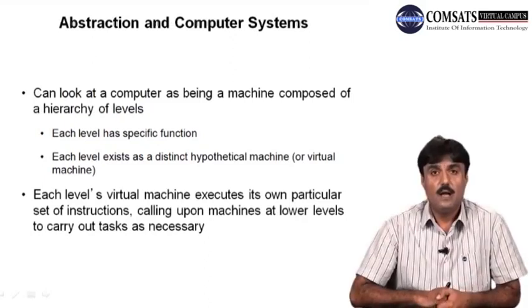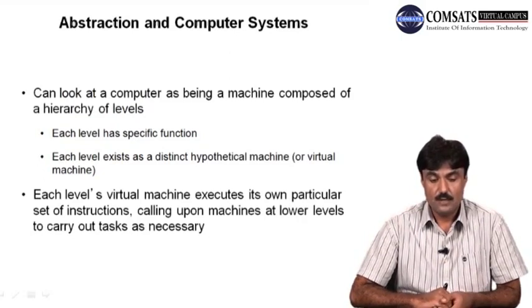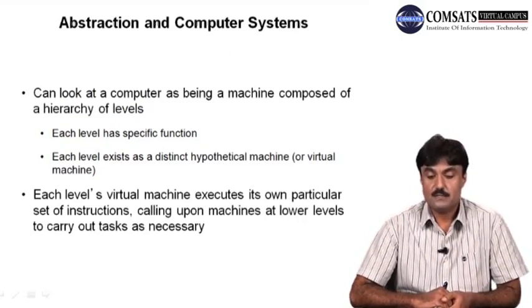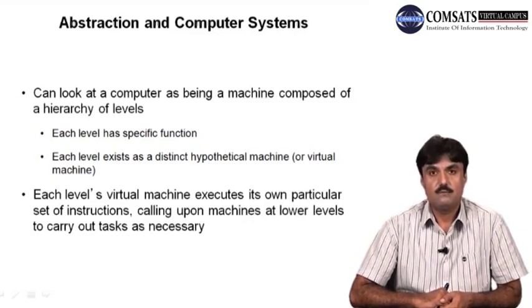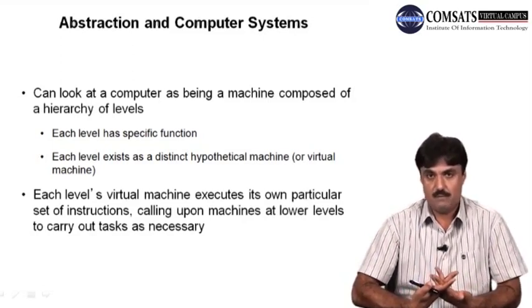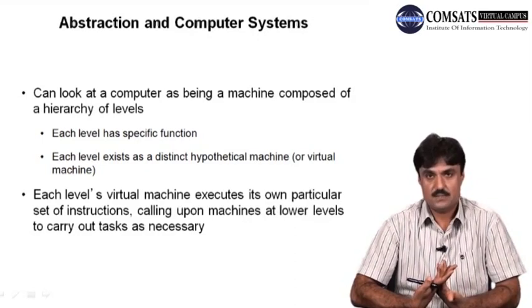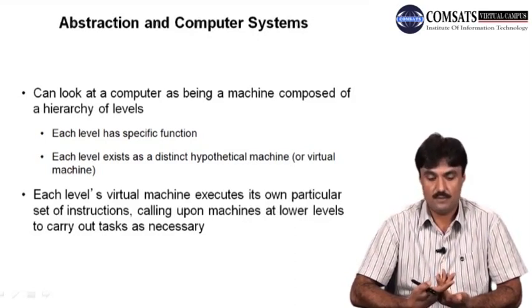Now, abstraction and computer systems. We can look at a computer as a machine composed of a hierarchy of levels. Physically, if you see a computer, it is nothing but simply a box, a desktop or laptop, a machine or hardware.